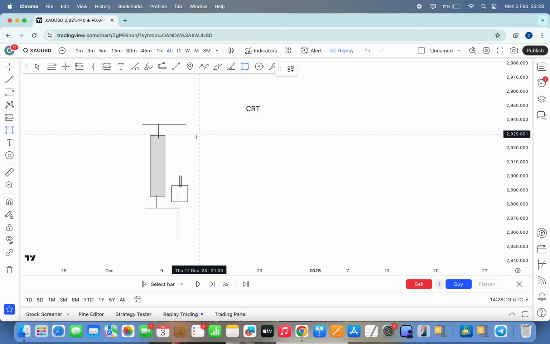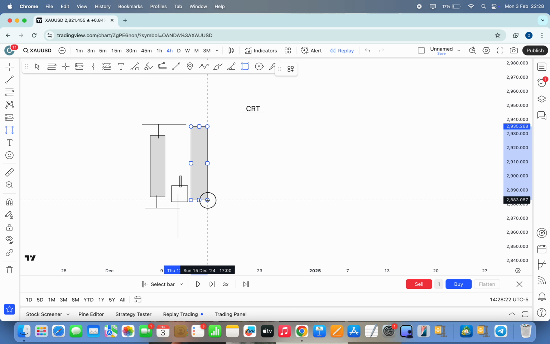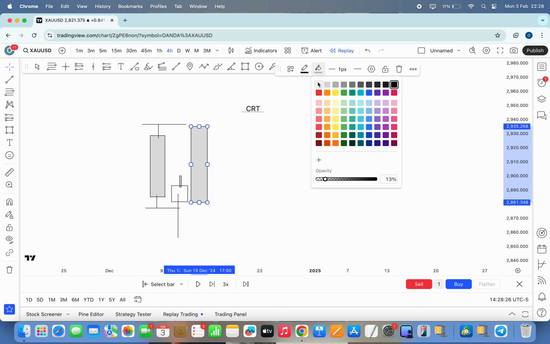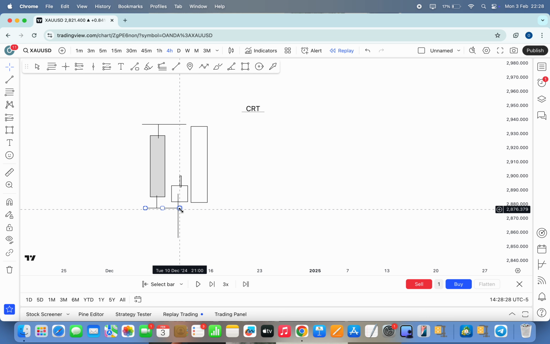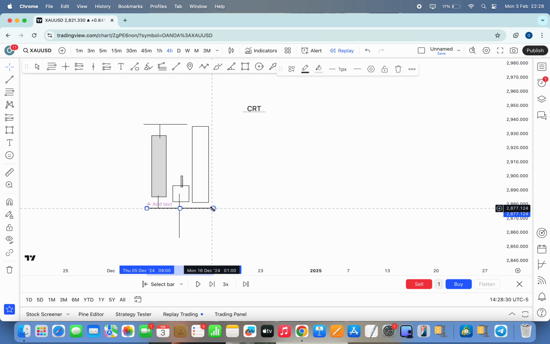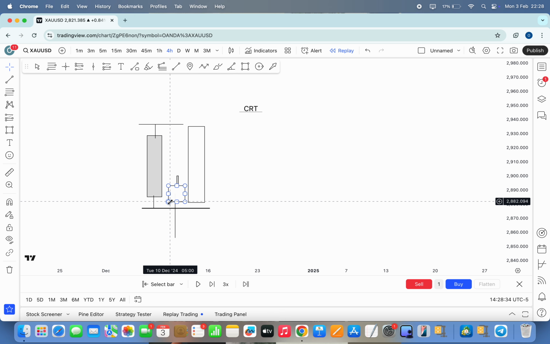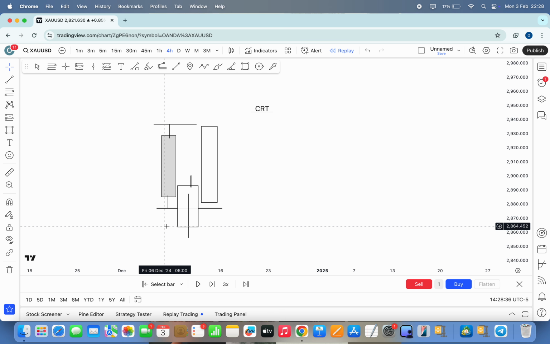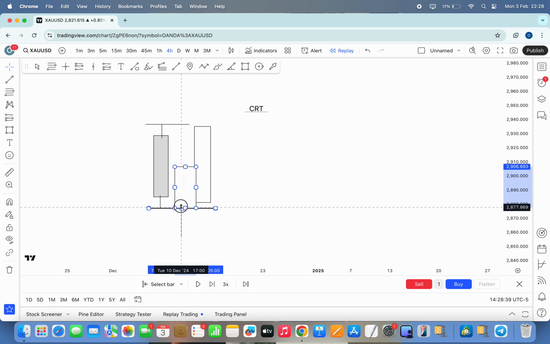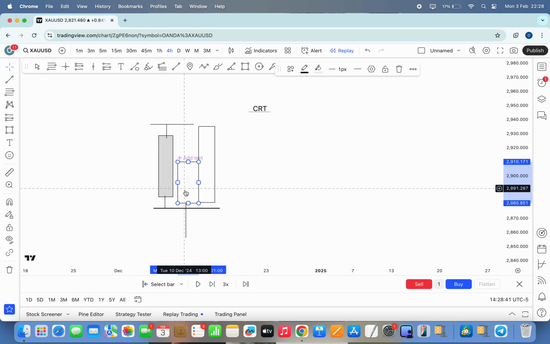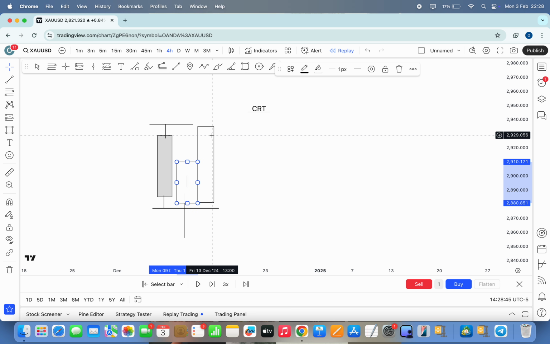The next candlestick is going to be a bullish candlestick. Basically, CRT is how we use the candlestick to identify the next price movement. If the candlestick body had closed below over here, we could not have had a CRT, but the body closed above, which shows the reversal, and there the market reversed.